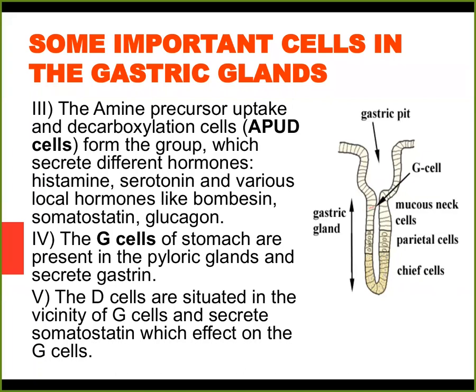Additionally, there is a small number of other cells in the stomach, mostly G and D cells. These are cells of the APUD system. They are hormonally active cells, and they produce hormones like gastrin, serotonin, and somatostatin.